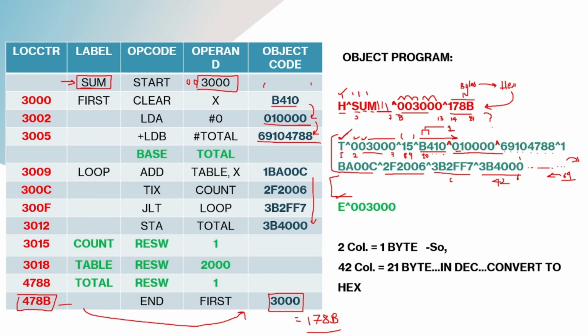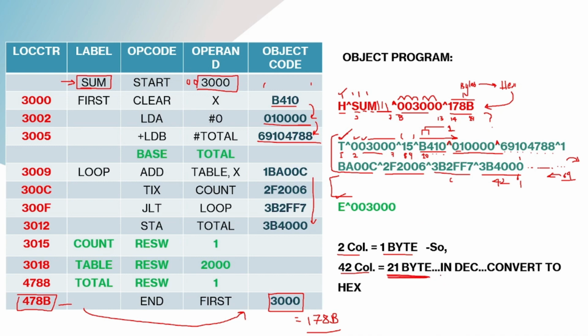So we are using 42 columns, not more than 42. We have more space left in this text record. Since 2 columns take 1 byte, 42 columns take 21 bytes.